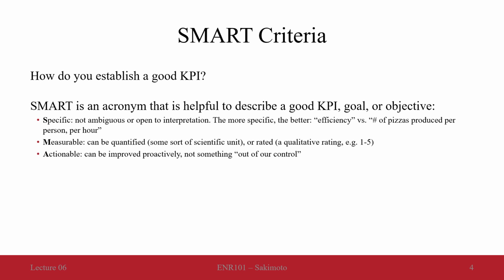A stands for actionable. We ultimately want to set KPIs around things that are really under our control. A lot of the risk and variability in our solutions and in the problem we're trying to solve are really beyond the control of our customers and certainly beyond the control of our engineers. In many cases, you may consider something like the cost of a raw material being quite important to the economics of producing a particular electronic device.